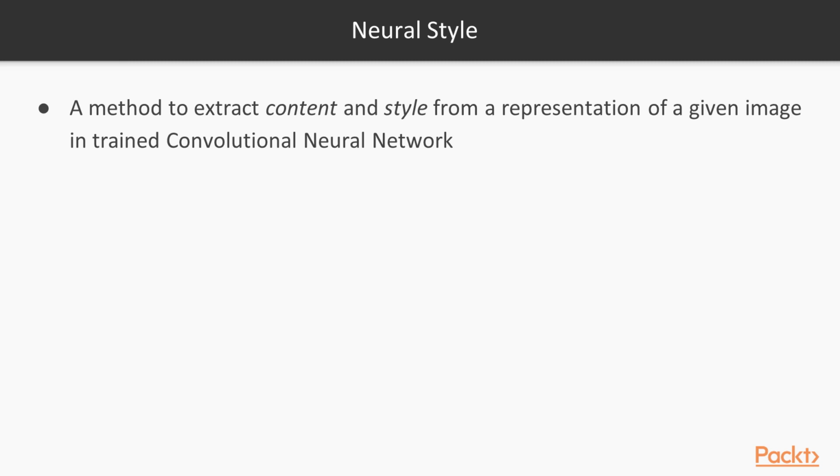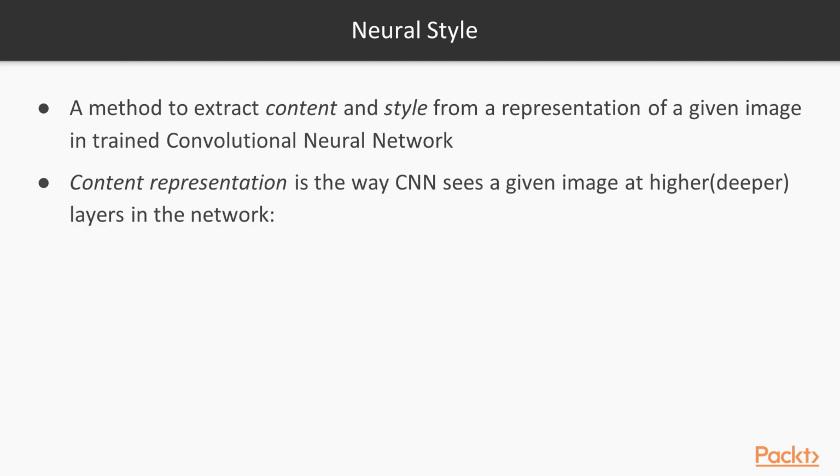This is a method to extract content and style from a representation of an image from a trained convolutional neural network. By content representation, we mean the type of representation that we get from a trained CNN, where the deeper we get into the network, the fewer details we get, but the more we get a general feel of what we can see on the image.